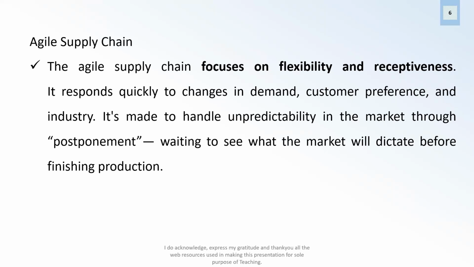If the customer needs that product today, and if the supply chain is bulky, heavy, probably you are able to supply that product to the customer maybe after 1 week or 1 month. By that time, probably the customer demand might have changed.